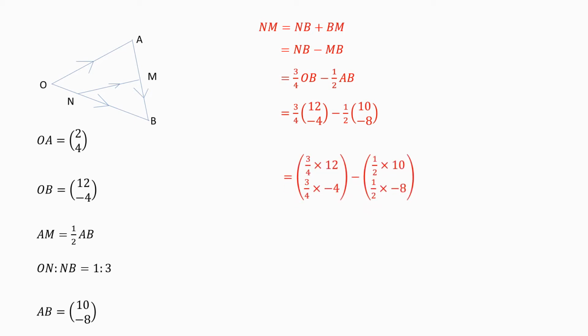We open the brackets, we have 3 over 4 times 12, 3 over 4 times negative 4, minus a half times 10 and a half times negative 8. So that is 9, negative 3 minus 5, negative 4. We combine the two, we have 9 minus 5 and negative 3 minus negative 4. So NM is 4, 1.